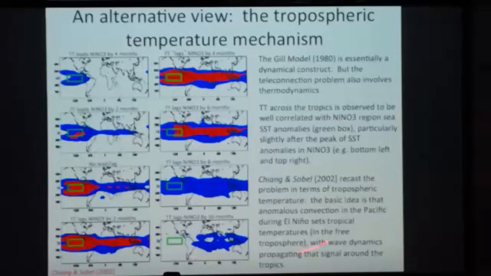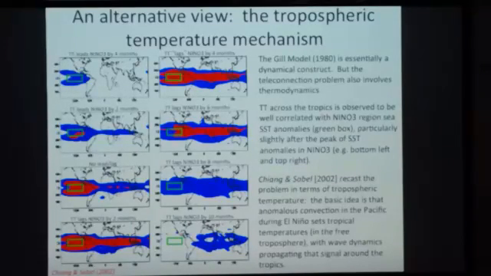They were motivated in doing this by looking at the temperature field in the tropics, and I'll come back to this point a little bit later, but essentially if you look at the tropospheric temperature, these are correlation plots that are derived from microwave sounding or microwave retrievals of tropospheric temperature above the boundary layer.